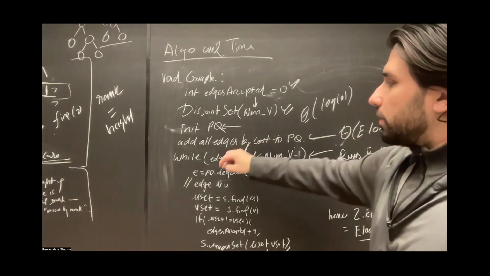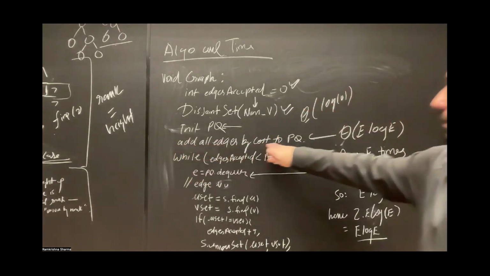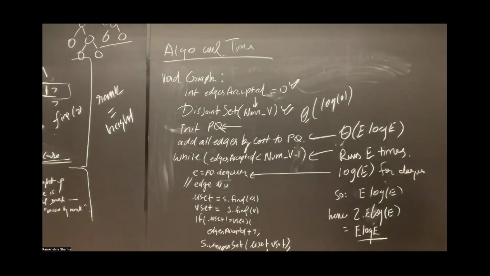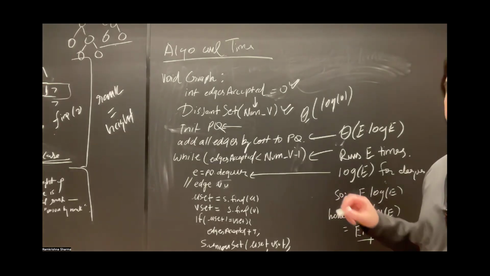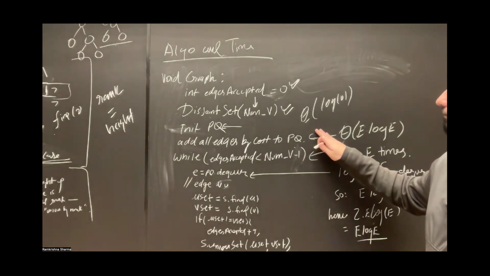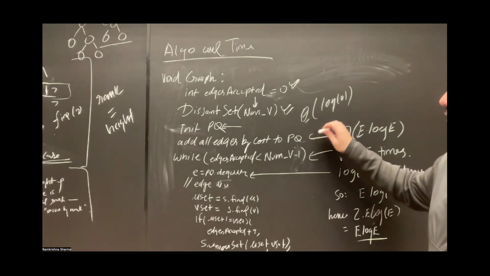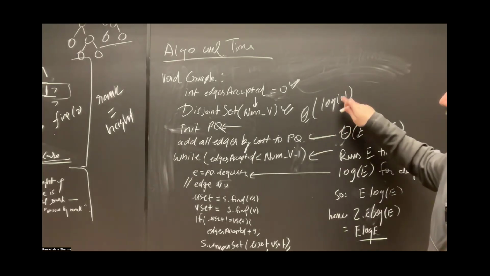And because we will execute this in an iterative loop, certainly, to be able to add these edges to a priority queue. But if we add all the edges by cost to a priority queue, well, we would be doing that e times.